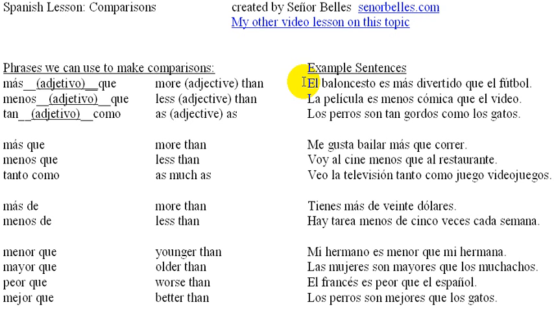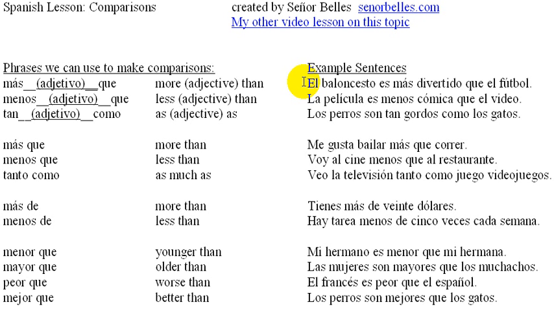So the women are older than the guys. Notice that I made mayores plural because mujeres is plural. El francés es peor que el español. French is worse than Spanish. And last sentence, los perros son mejores que los gatos. Dogs are better than cats. Notice I put mejores with an es on the end of it because dogs is plural.